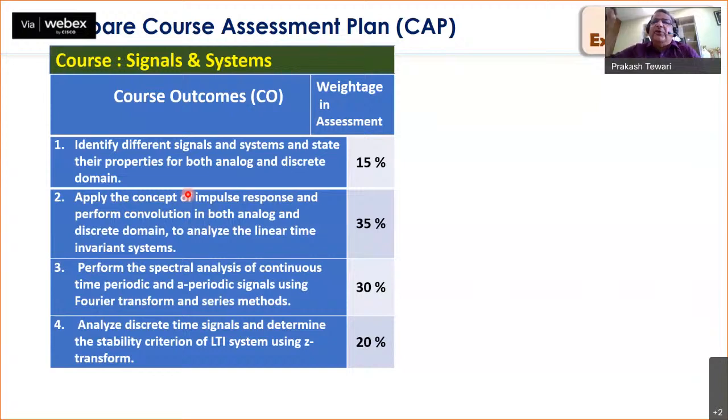See, OBE is all about continuous quality improvement. Even if you have made a little mistake in the allocation of marks, it is nothing great, because always with one cycle you will come to know that there is a need to change. You can change the weightages in the second cycle. So it is all about continuous quality improvement.